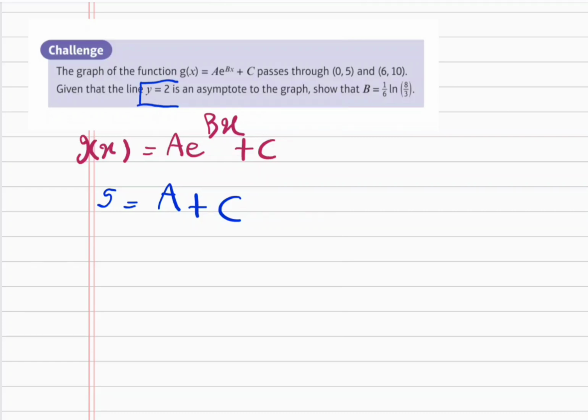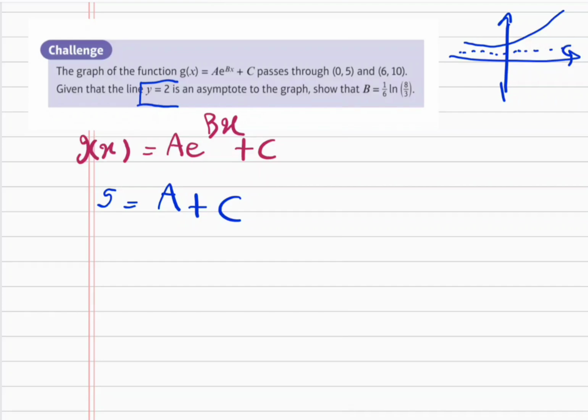But we should be careful, because here we are told that the line y is equal to 2 is an asymptote to the graph. We need to remember that this is an exponential graph, which is going to look like this, where here is the asymptote, and that's indeed when y is equal to c.